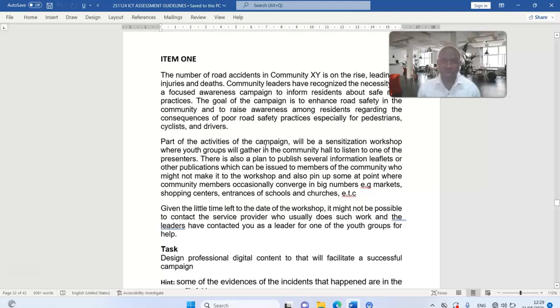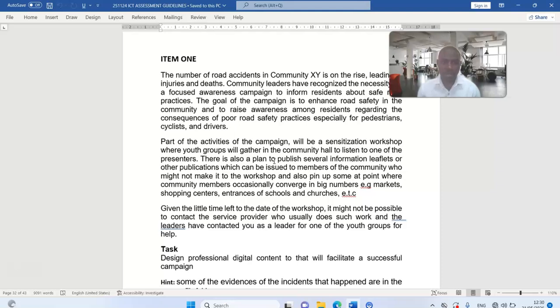Community leaders have recognized the necessity for a focused awareness campaign to inform residents about safe road practices. The goal of the campaign is to enhance road safety in the community and raise awareness among residents regarding the consequences of poor road safety practices, especially for pedestrians, cyclists, and drivers.